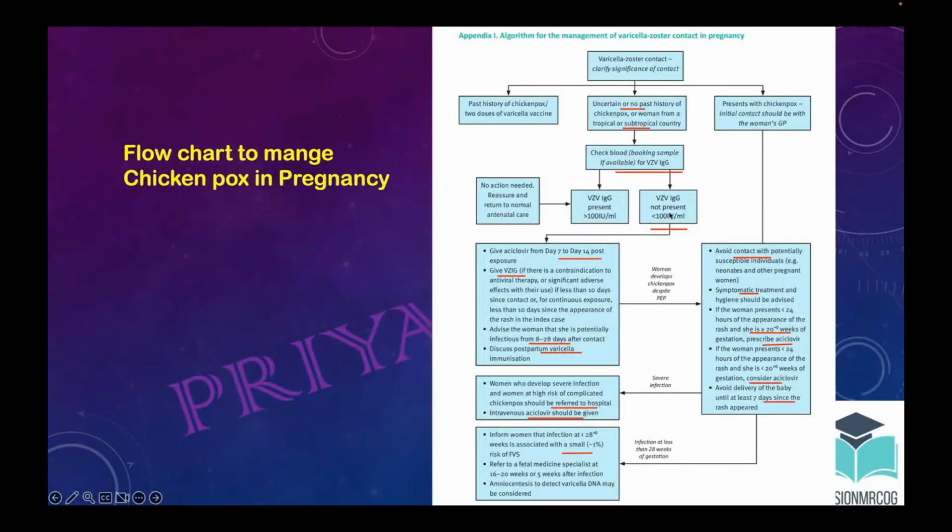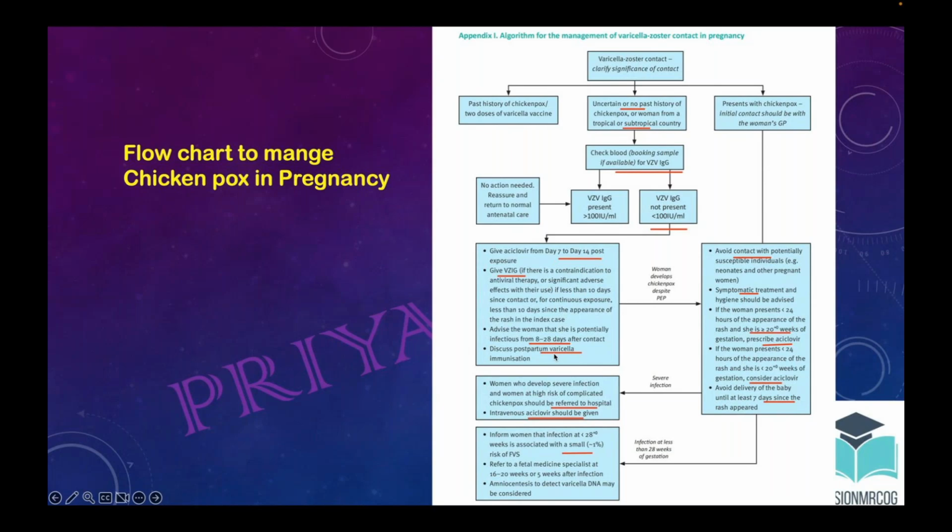If it is less than 100, we can offer her post-exposure prophylaxis with acyclovir from day 7 to day 14 post exposure, if there is no contraindication. And if the patient doesn't like that, varicella zoster immunoglobulin can be given. The patient is to be considered infectious from 8 to 28 days.